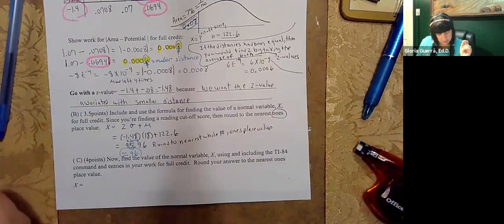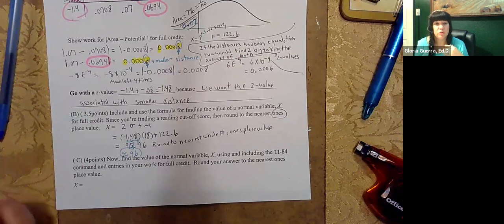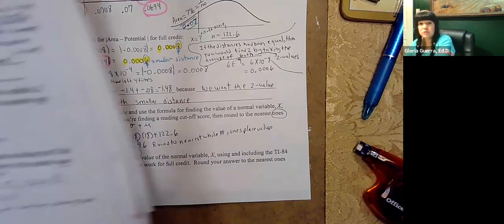This bottom part, we actually didn't do in class. They're using inverse norm, where I use the mu and the 18 instead of 0 and 1. It's about the same, but we didn't do that in class. We just used this. So I'm not going to worry about that.